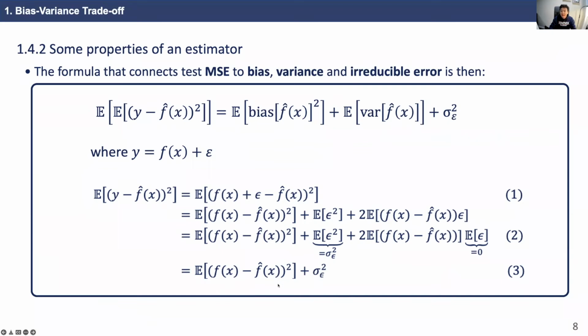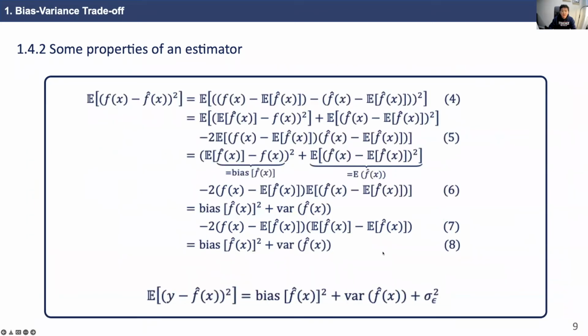Let's see how this latter term can be further analyzed. In equation 4, we subtract and add the expectation of f hat x, and in equation 5, we expand the term inside the square. The bias, the expectation of f hat x minus f x, is just a constant value, since we subtract f x from the expectation of f hat x, which is also a constant.